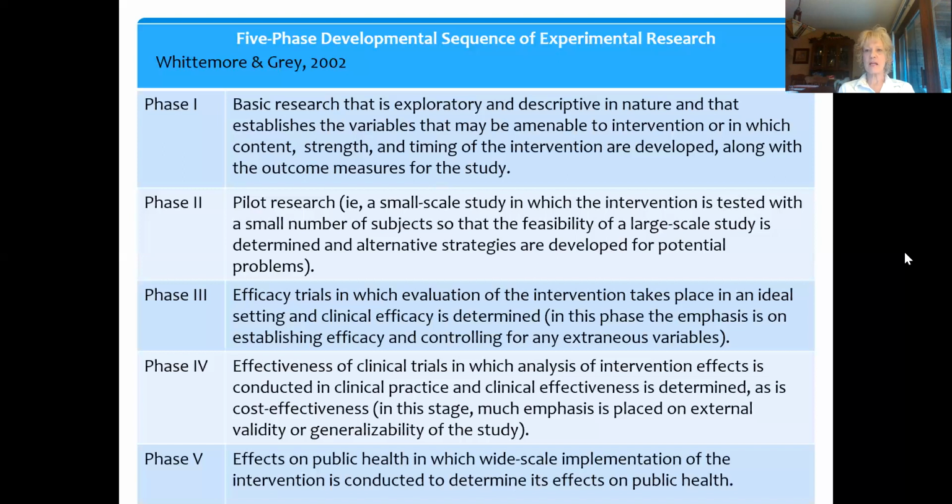Phase three then is your efficacy trial. And phase three is usually your randomized controlled trial, which is your true experimental design. So efficacy trials are intended to evaluate whether an intervention works under the most ideal circumstances.